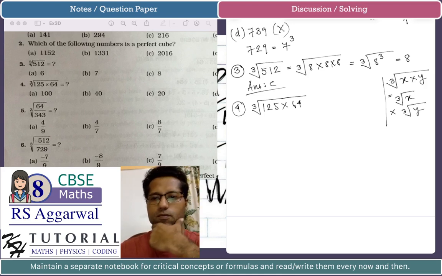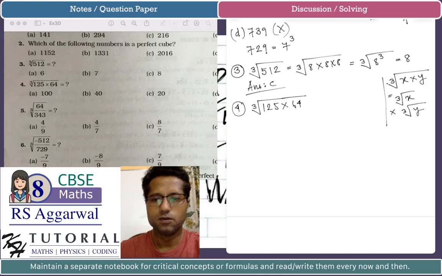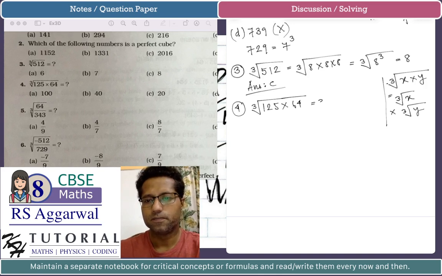In this example, 125 is a perfect cube and 64 is a perfect cube. So this will be equal to the cube root of 125 multiplied by the cube root of 64.